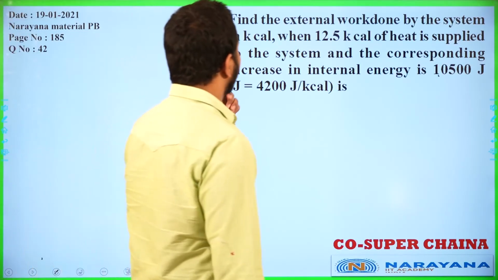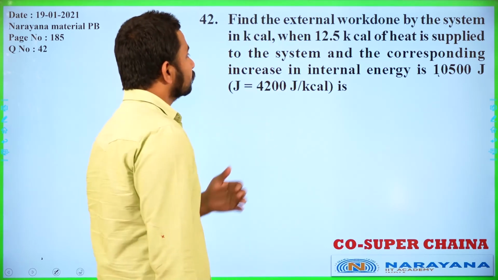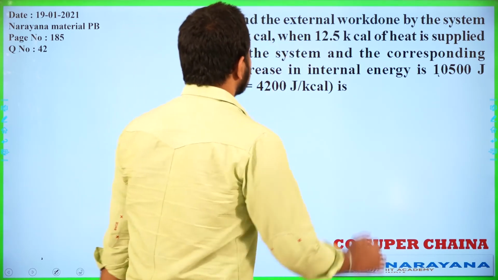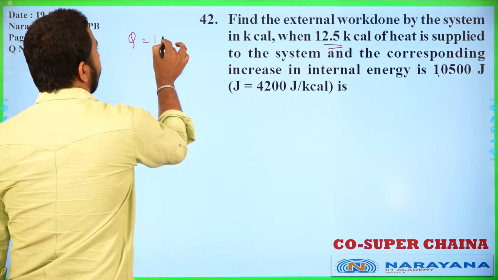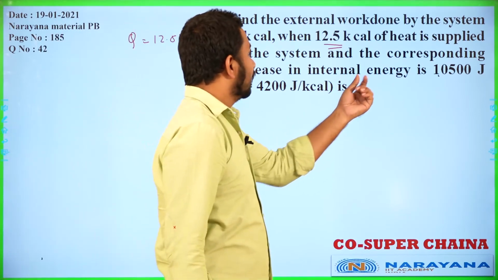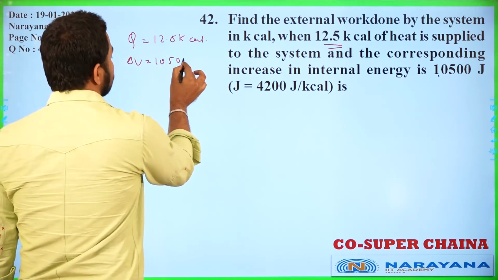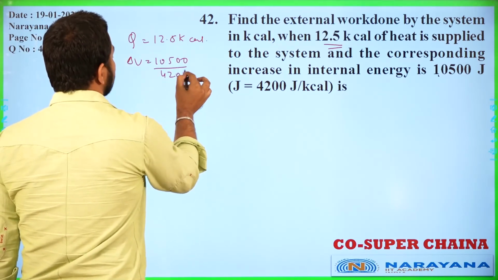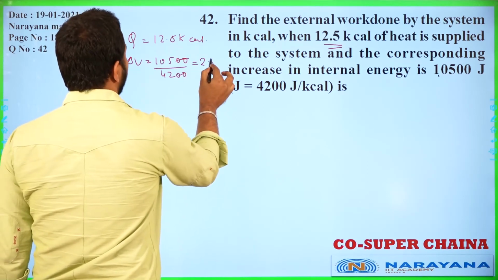Find the external work by the system in kilocalorie. So if you see here, this Q is given as 12.5 kilocalorie. Internal energy delta U is given as 100500 joule. We'll divide it by 4200. We'll get the answer as 2.5.